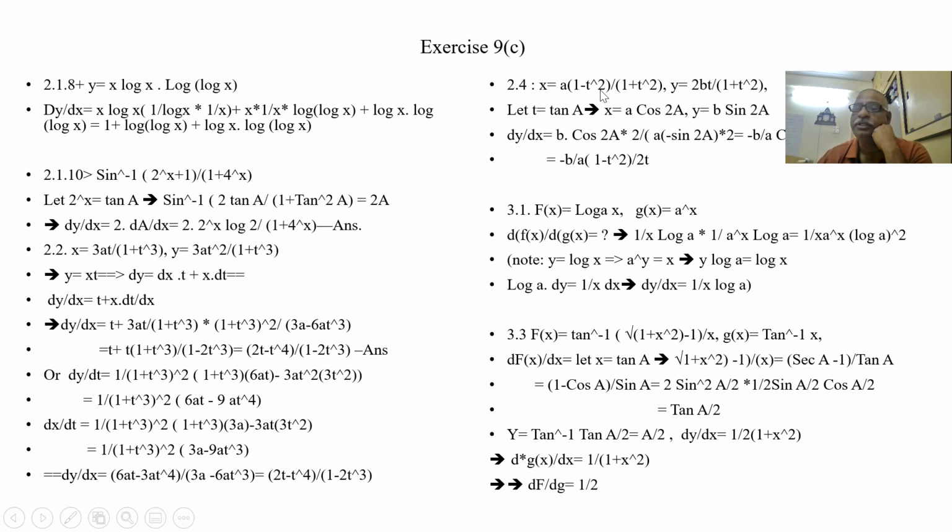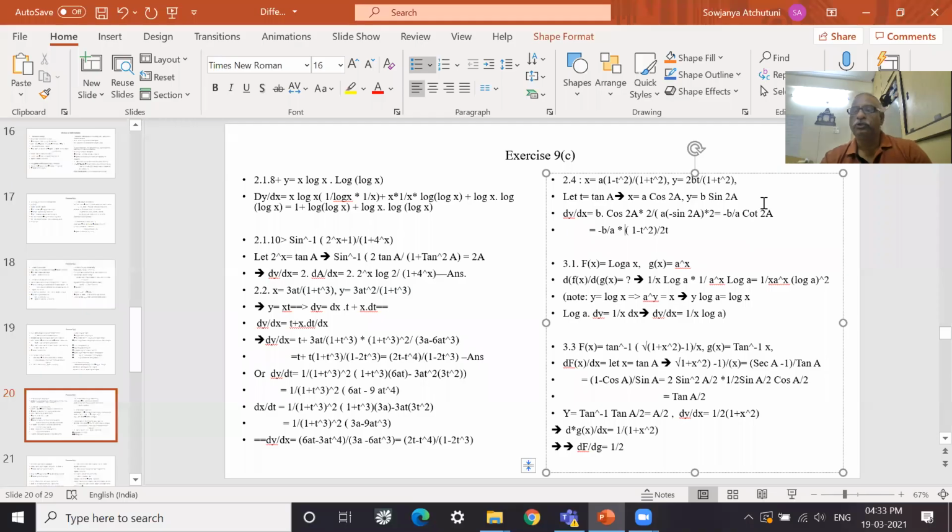So cos 2a is 1 minus t square by 1 plus t square, so cot 2a is 1 minus t square by 2t, because it is cos 2a by sin 2a.